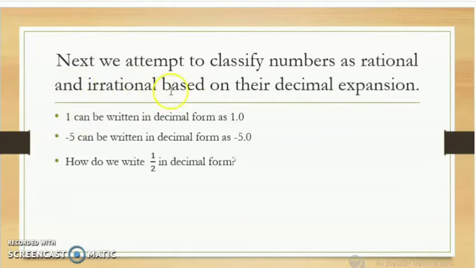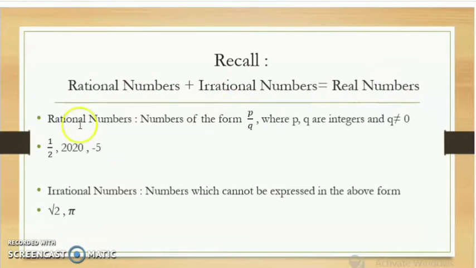Next we make an attempt to classify numbers as rational and irrational based on their decimal expansion. Last class, we classified numbers based on whether we can write them in p by q form.